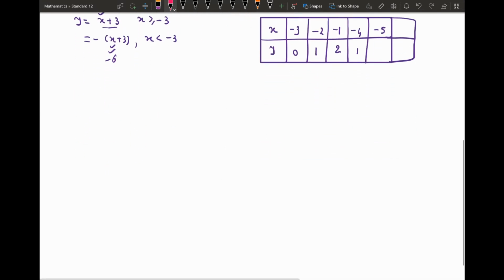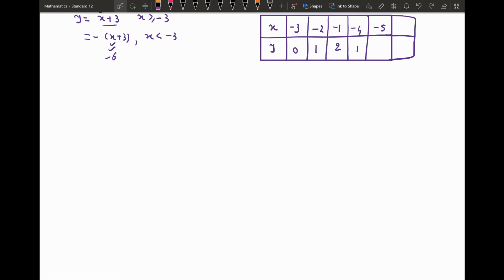So now the required area equals alpha plus beta.